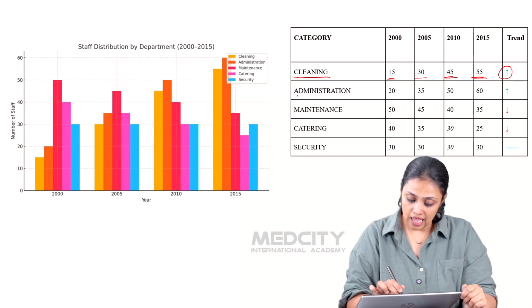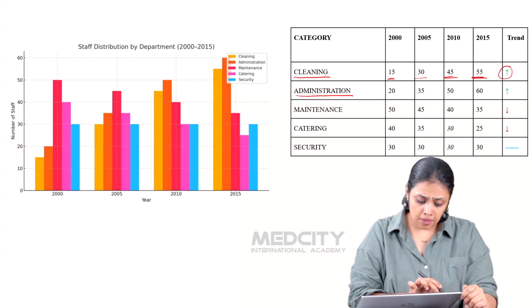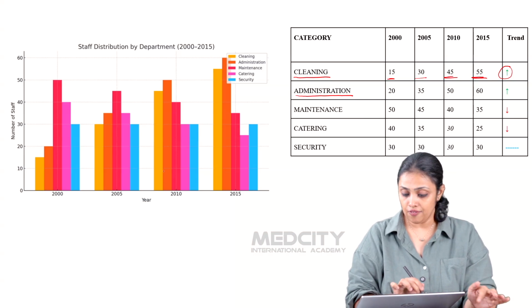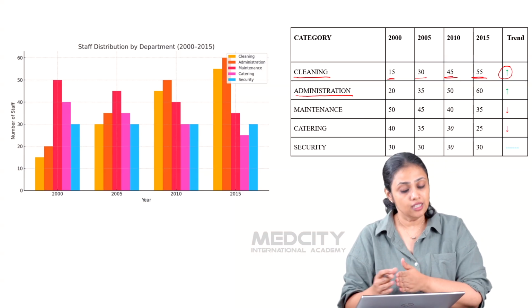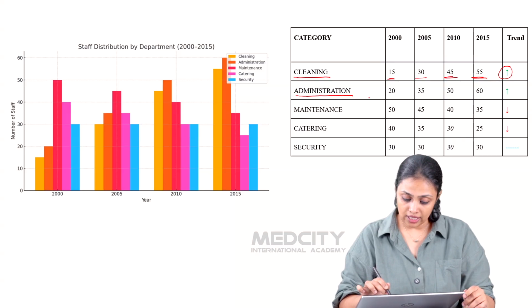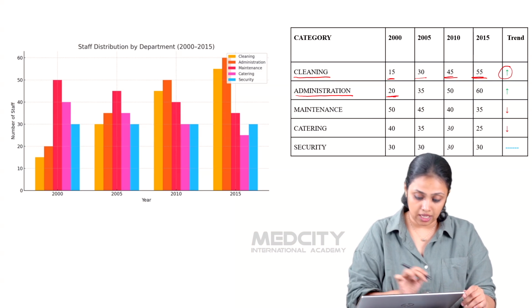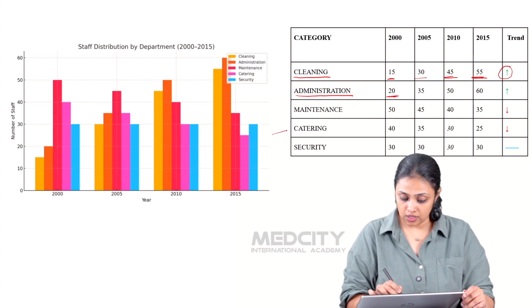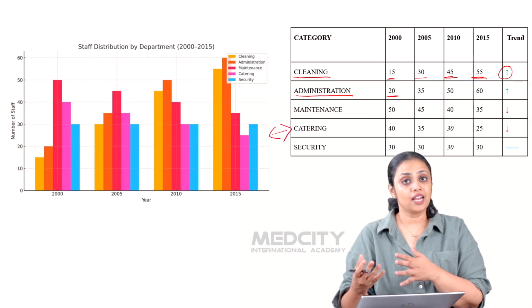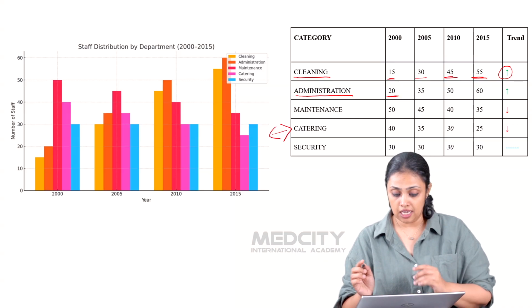Now let's look at the admin staff. The same values which you can see on the graph have just been transformed into tabular form. You can cross-check it with the bar graph. For easier identification, I've plotted it as a table.